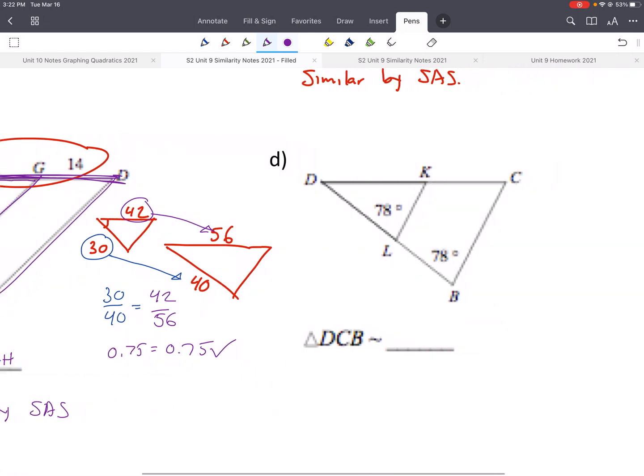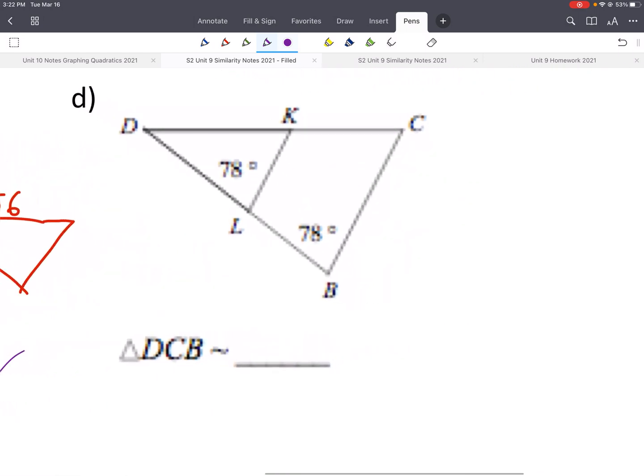Okay, let's give this one a try. It looks very similar. They share the same angle, but they don't give us the sides, but they do give us two angles, and they are the same. So we have a shared angle, and these two angles are the same.